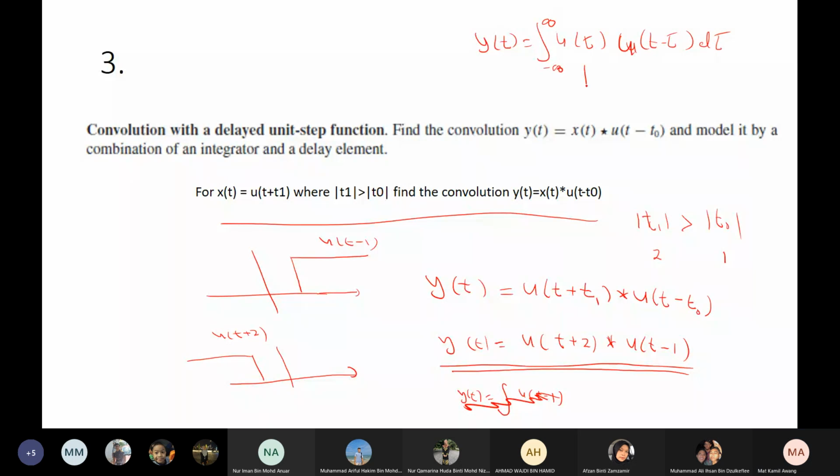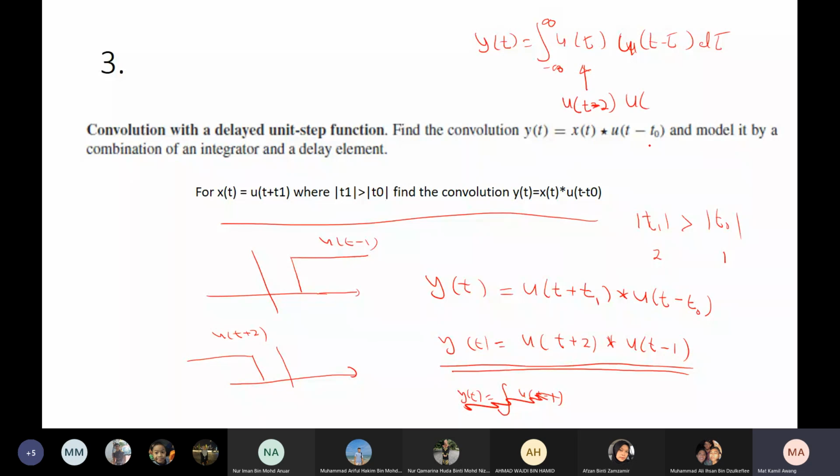Let's say this one you take the u, tau here is t minus 2. One is u.